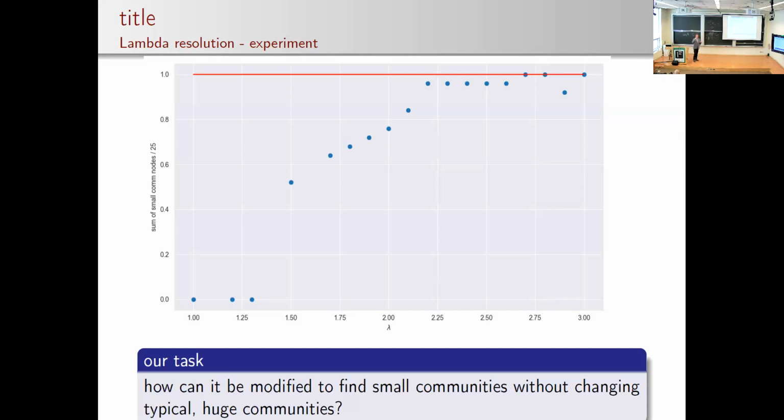The resolution limit problem of modularity is that you get many communities, but these communities are large. It is good, but we search for how to modify this modularity function so that you can find small communities and large ones, not only small.